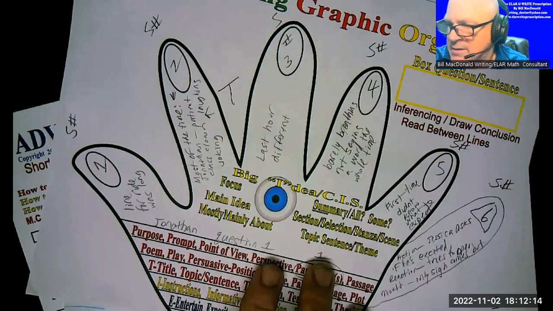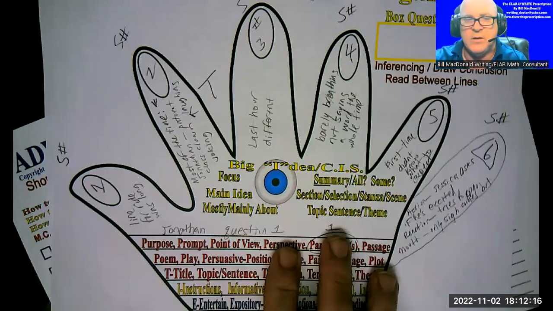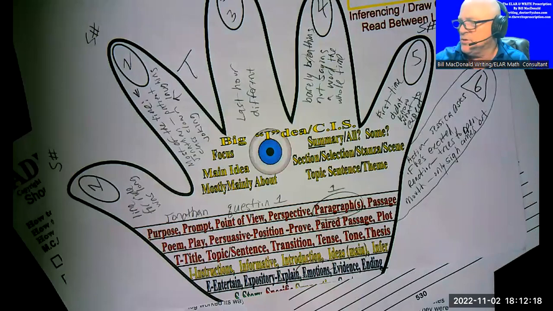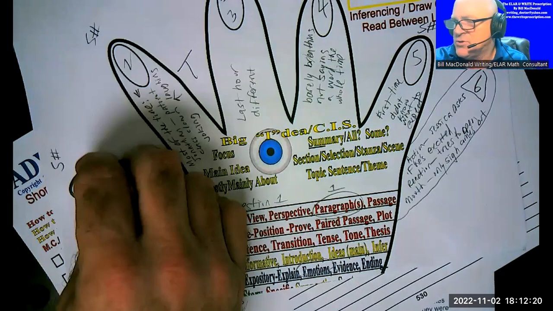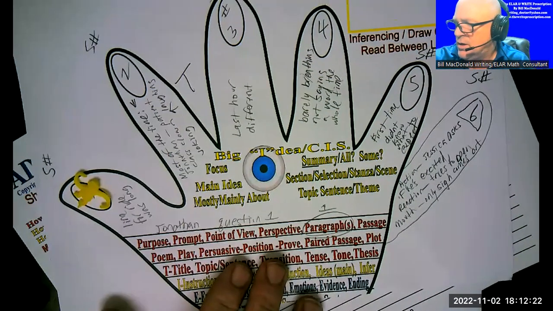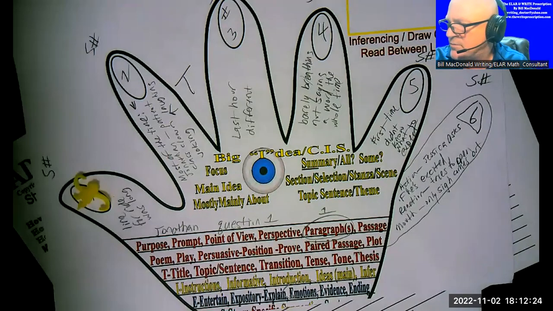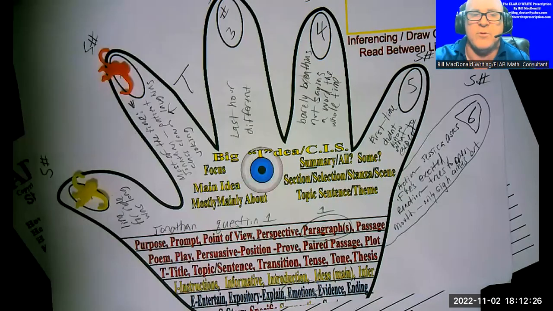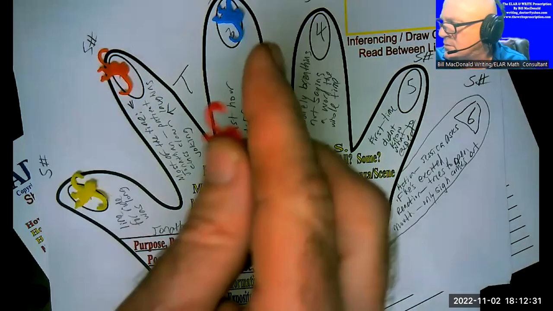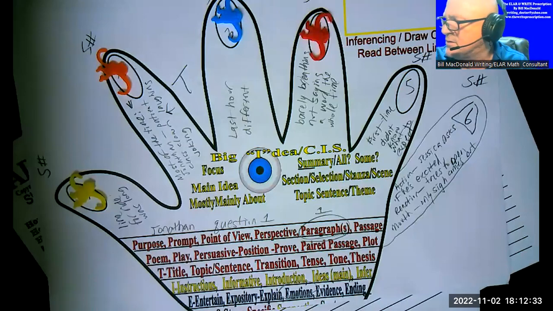You can color code, because when you order the folders and the graphic organizers, you get that binder that I showed you, and you get about three of each of these monkeys that come in six different colors.